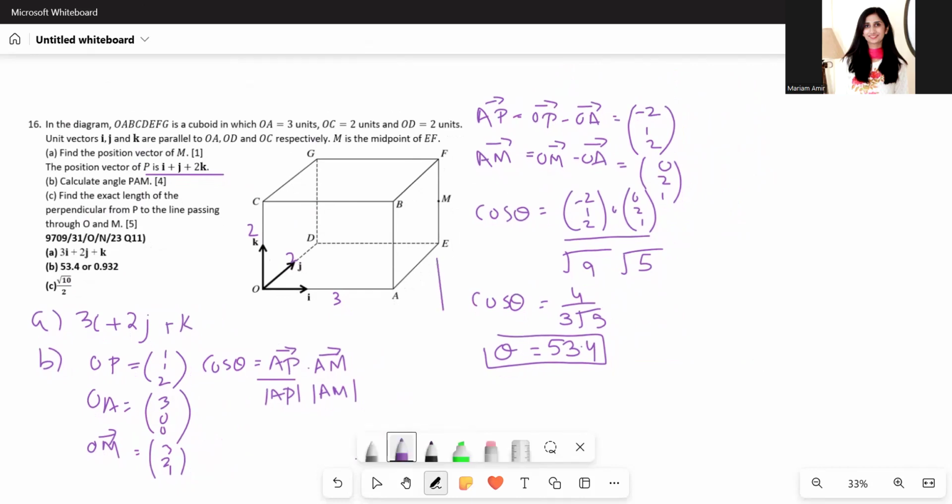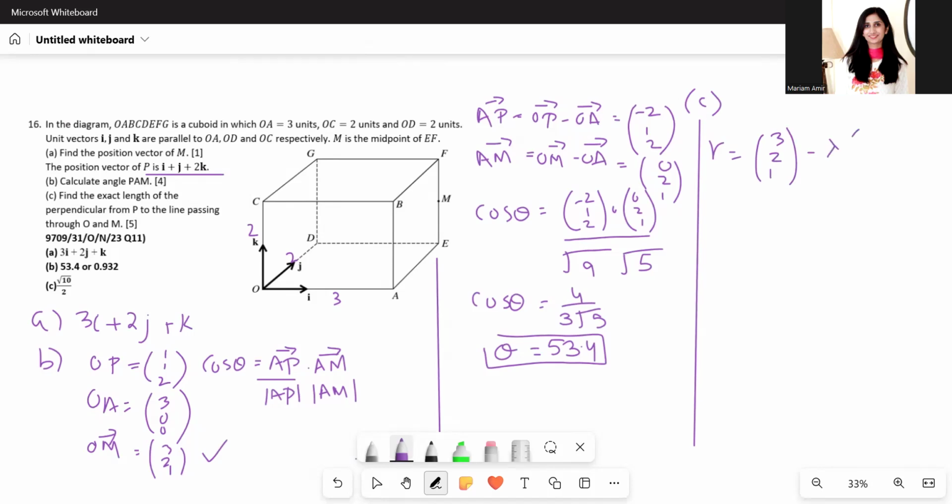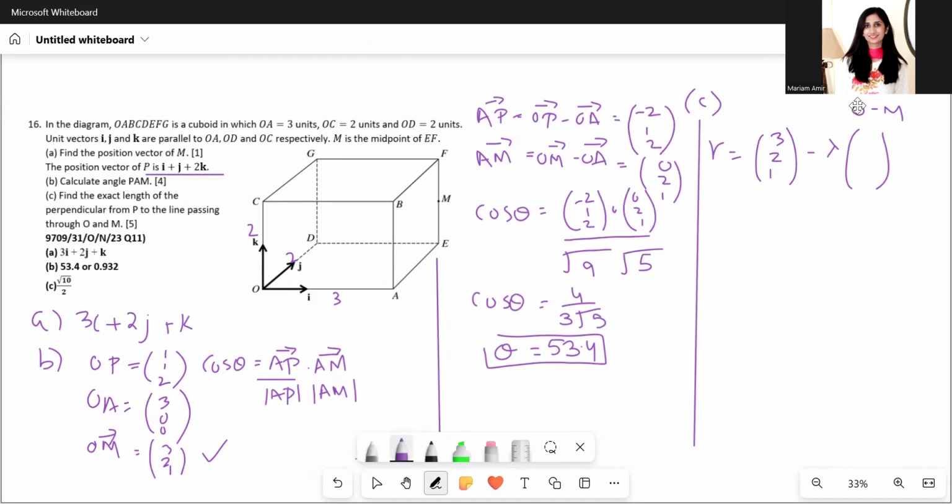So to find the line passing through OM, I will write r equals the coordinates of M, which are 3, 2, 1, minus lambda, and then I will write O minus M here because we're finding the vector line passing through OM and I've started with M. So in the direction vector spot, I have to write O minus M. O is the origin 0, 0, 0, minus M, 3, 2, 1, which gives us r equals 3, 2, 1 minus lambda times minus 3, minus 2, minus 1. That's the equation of the vector line.